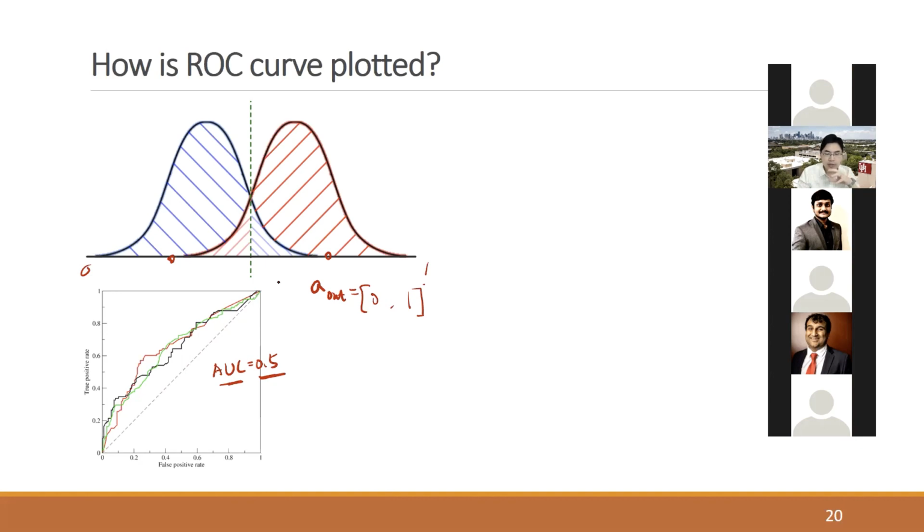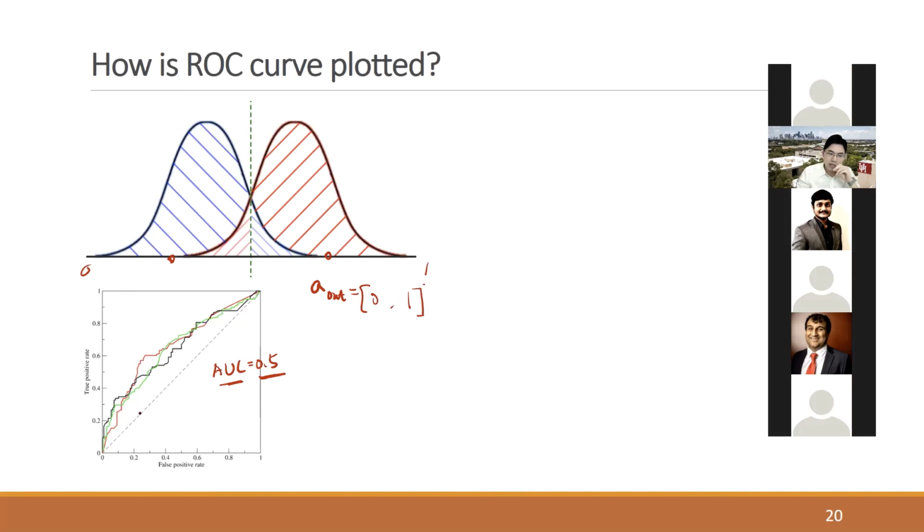So you randomly pick one point from the positive ground truth cases and one point from the negative ground truth cases. What is the likelihood that the model will rank them correctly? That's what the AUC is doing.